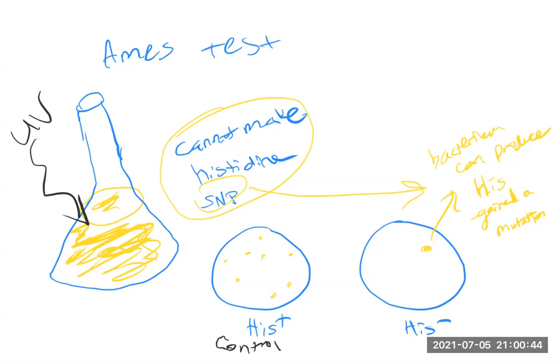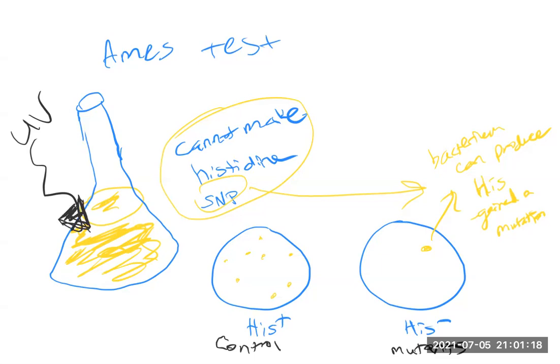And what we want to do then is compare the number of colonies or the number of instances where bacteria are mutated with the number of colonies where bacteria are not mutated on the His plus. And then we'll see the mutability of whatever molecule or condition we have here, which we're testing.